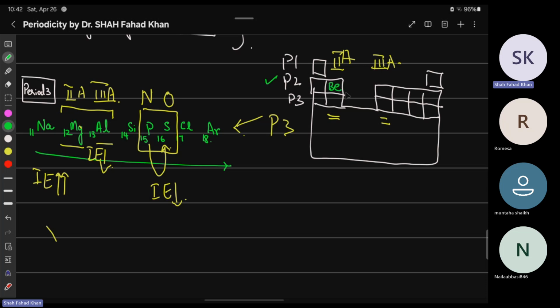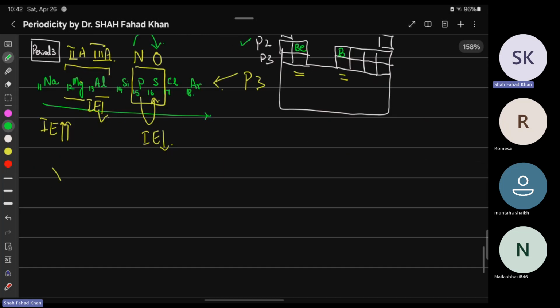As someone mentioned, going from beryllium to boron is also an exception. And going from nitrogen to oxygen in period number 2 is also an exception, because instead of increasing, it decreases.